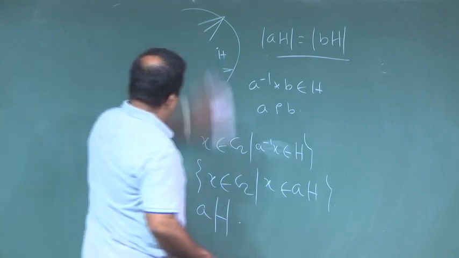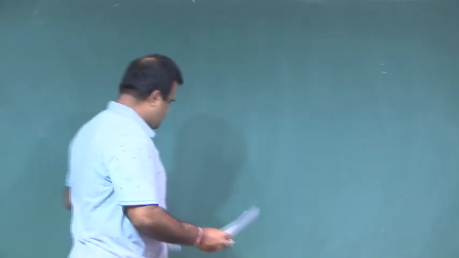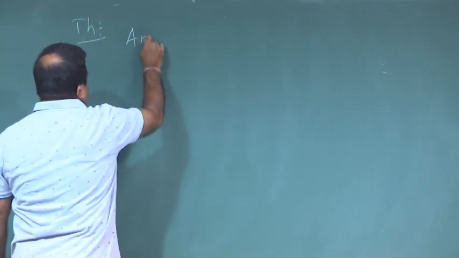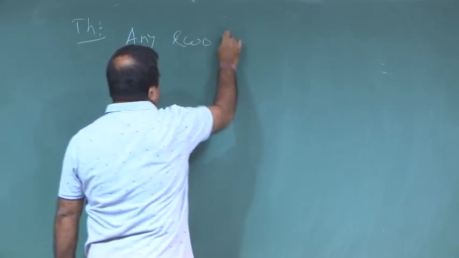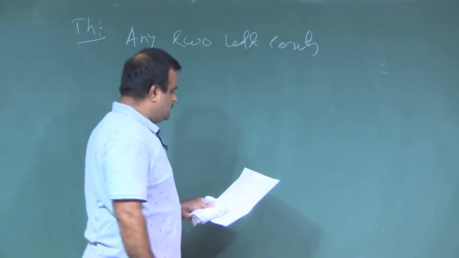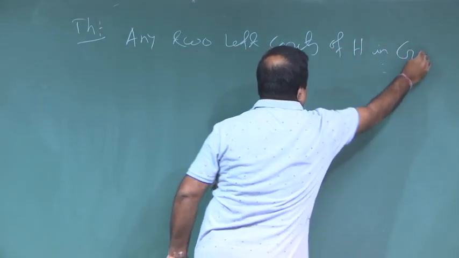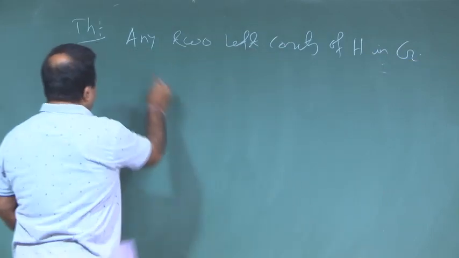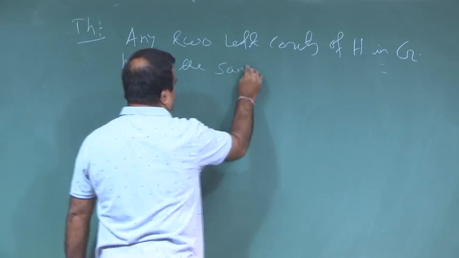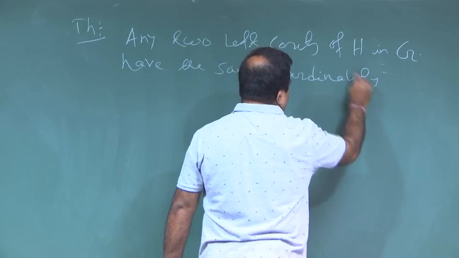So, let us try to prove this. This is again a theorem. This theorem is telling that any two left cosets of H in G have the same cardinality, or the same number of elements.